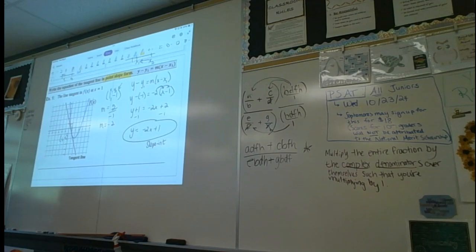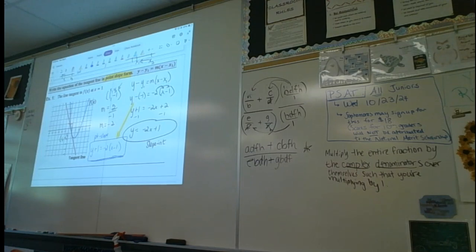It wants it in point slope form. So actually you could have stopped. You actually could have done this. So point slope form, you can do y plus 1 is equal to -2 times x minus 1. That's like in point slope form. Okay? Sorry about that. Should have read.